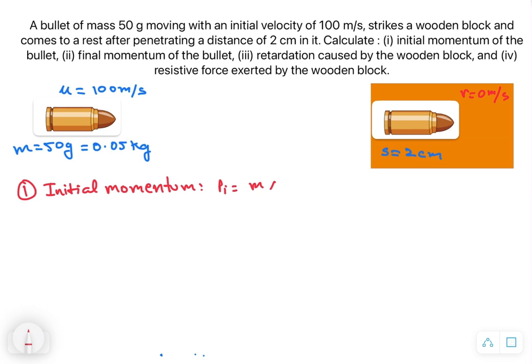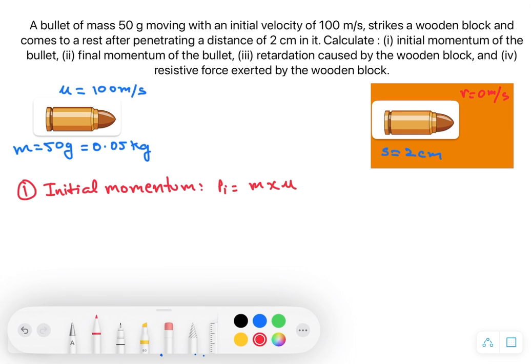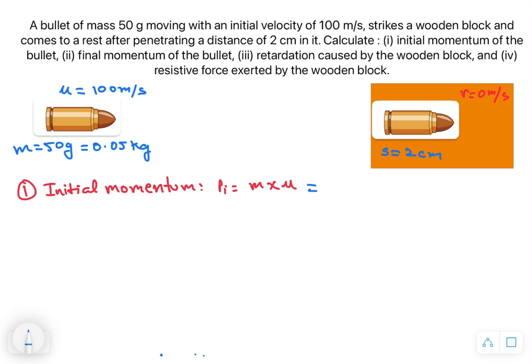Pi is equal to mass multiplied by initial velocity. So what is mass? Mass is 0.05. What is the initial velocity? It was 100 meters per second. So this gives us the initial momentum.